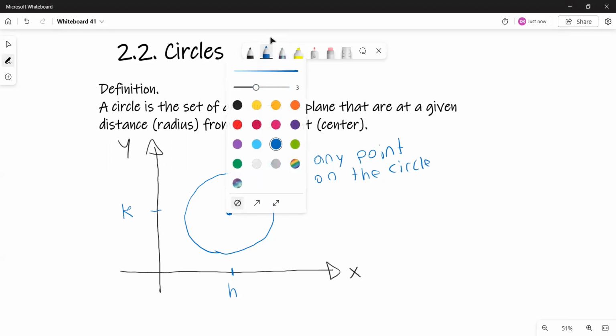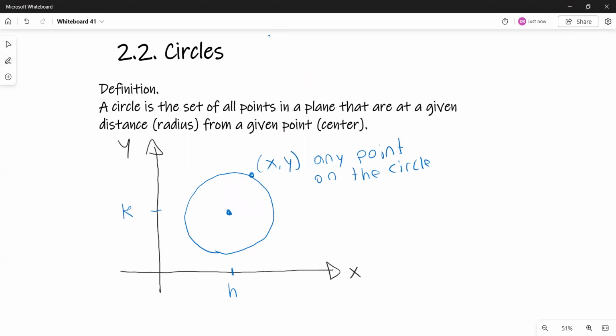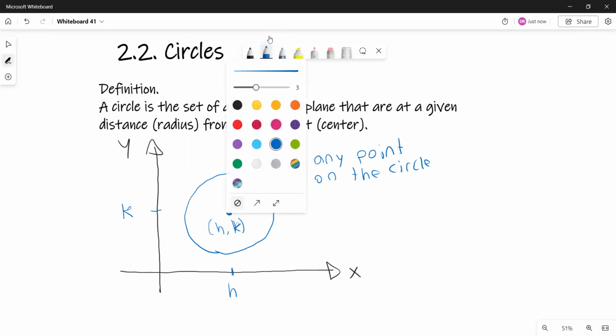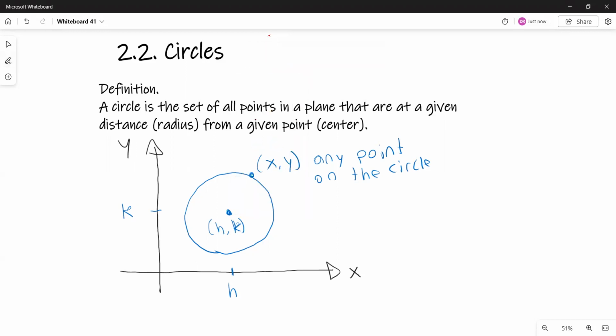And the distance from the center. So the distance from the center to any point on the circle is going to be the radius. We're going to call the radius r. And it follows from the distance formula.